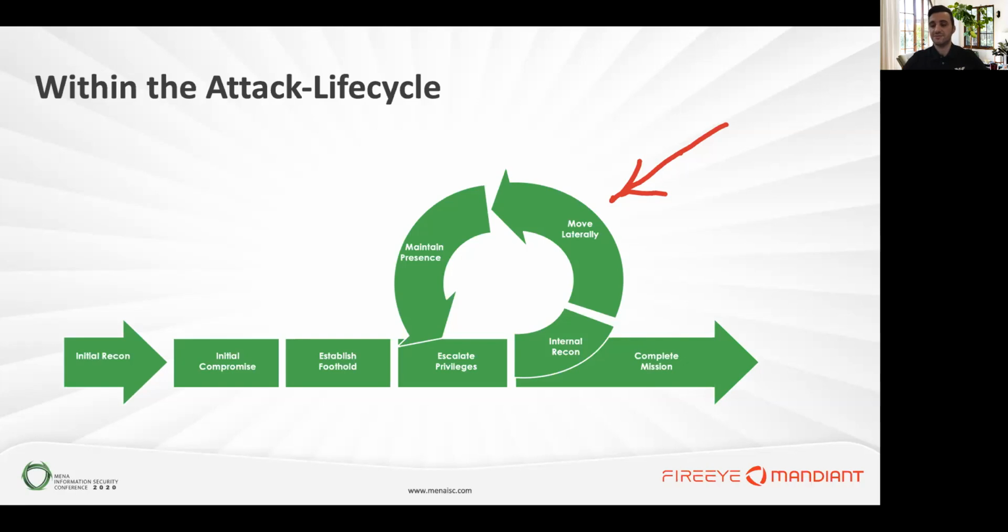And completing the mission, of course, the adversary here will try to achieve his goal. He'll try to manipulate, interrupt, or destroy your systems, and maybe interrupt your availability or your business operations.